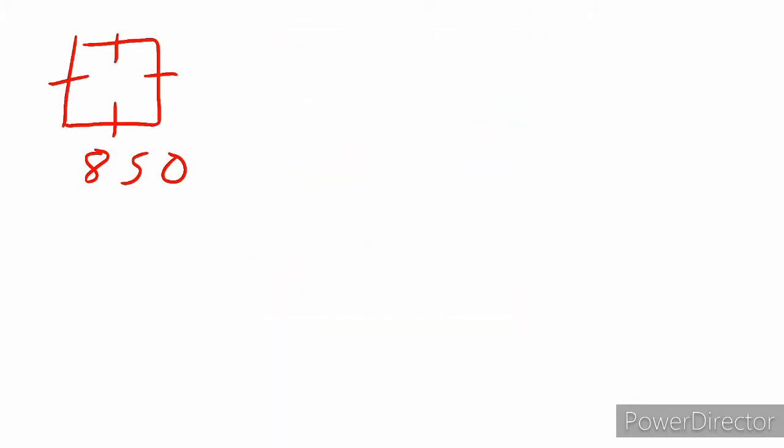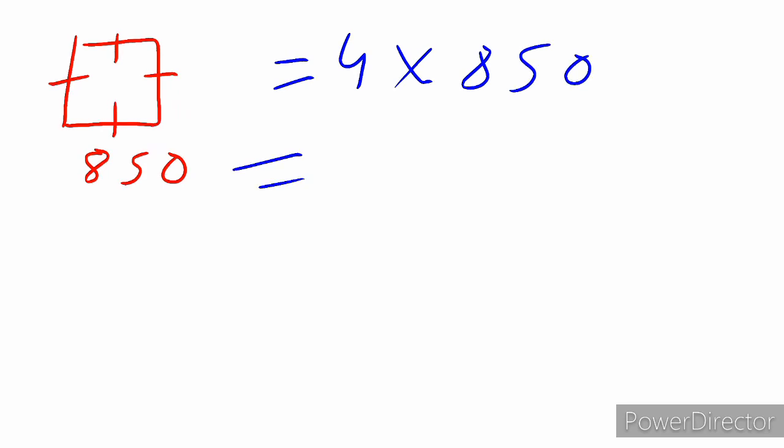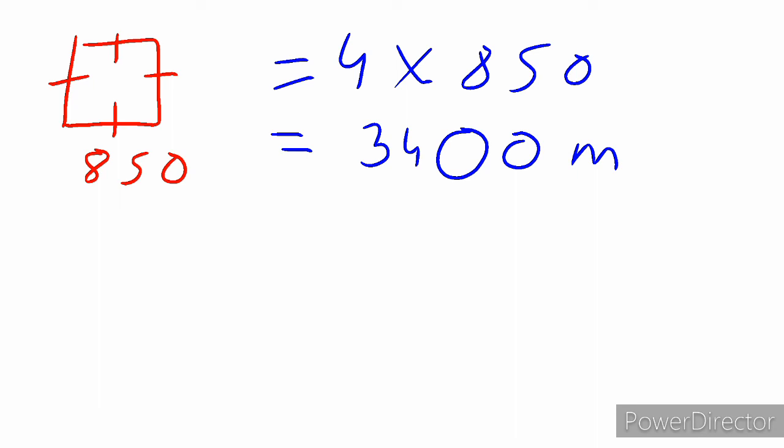Okay, so here we have a square park whose one side is 850. To find the perimeter first, we have to multiply it by 4. So its answer is 3400 meters. The perimeter is 3400 meters, but here he has taken 2 rounds.